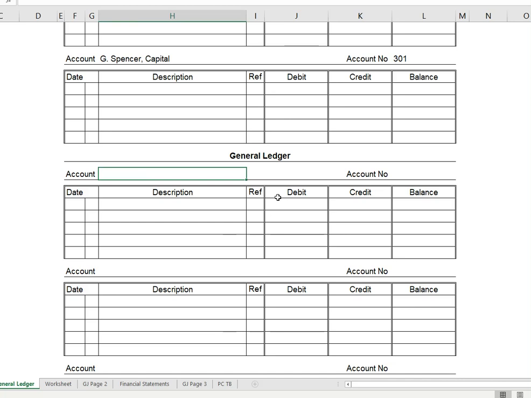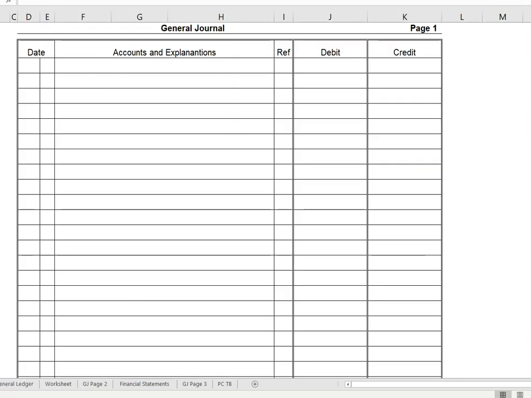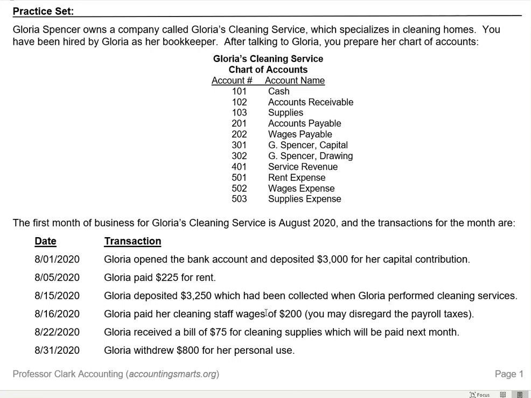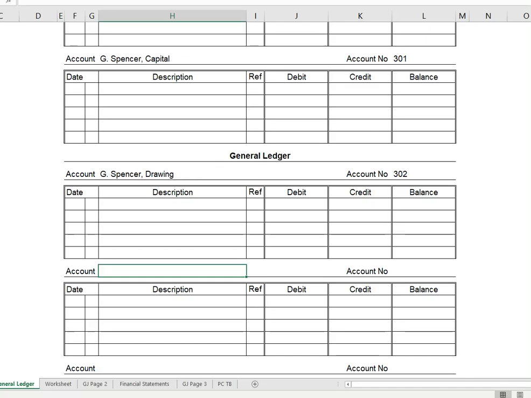So we do G. Spencer, and that's 302. And our next account is service revenue, 401.